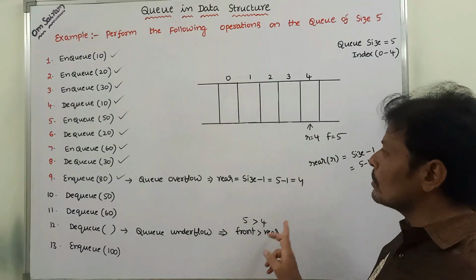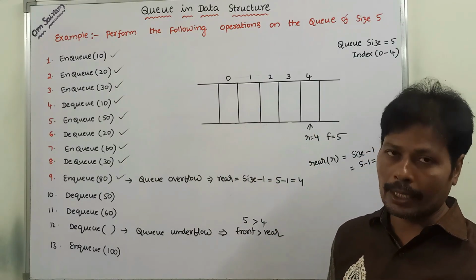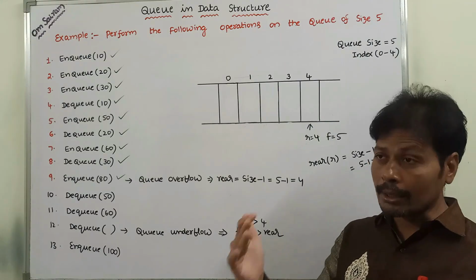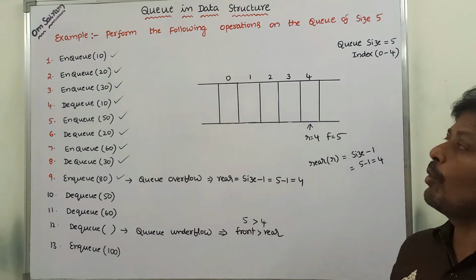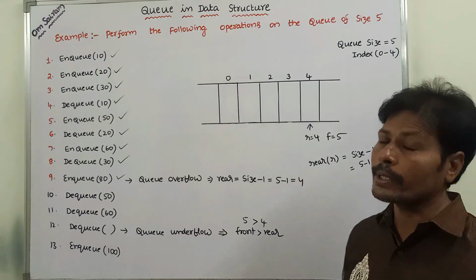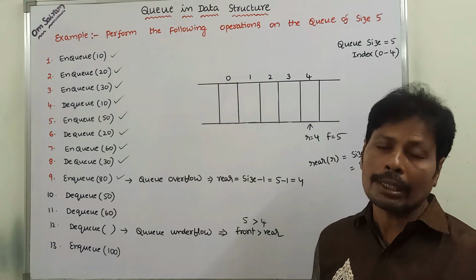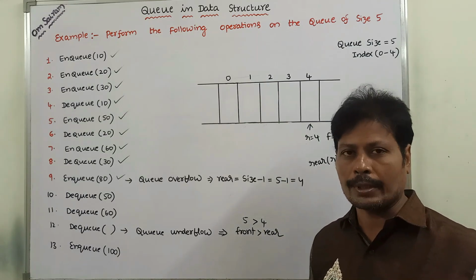To overcome that disadvantage, we have to use a circular queue, another data structure. That can be discussed in the next videos.